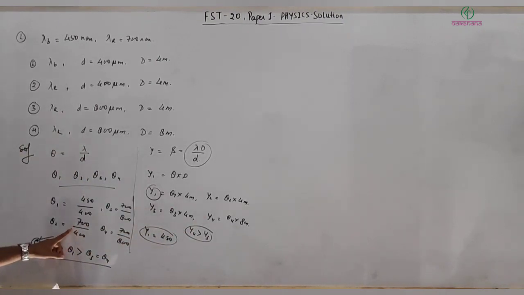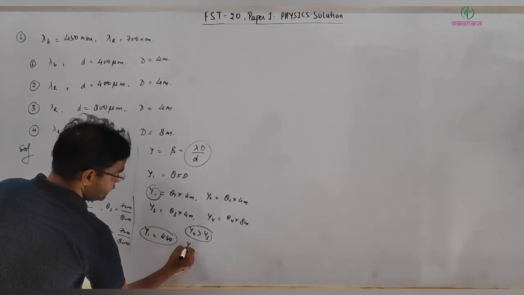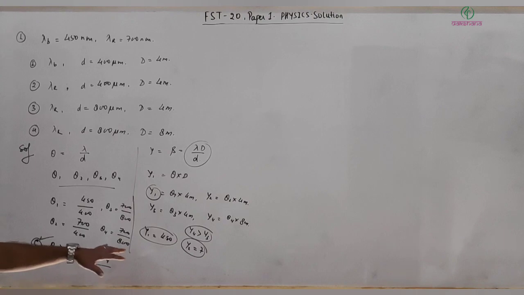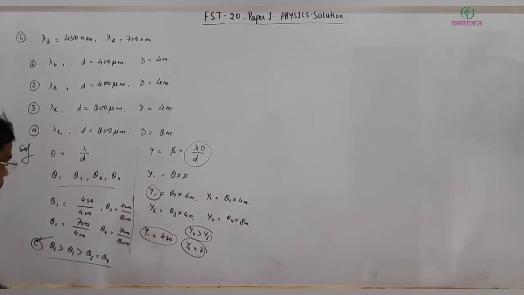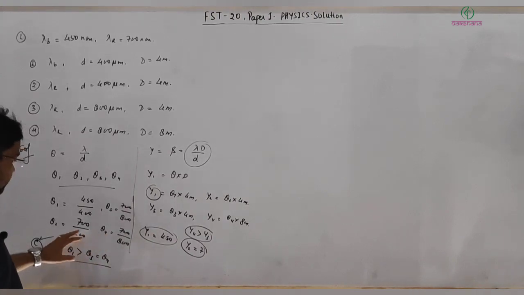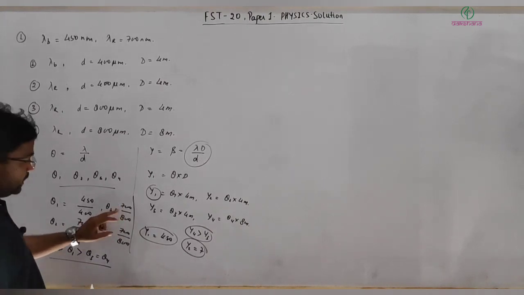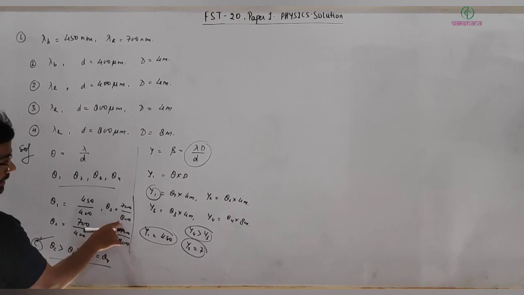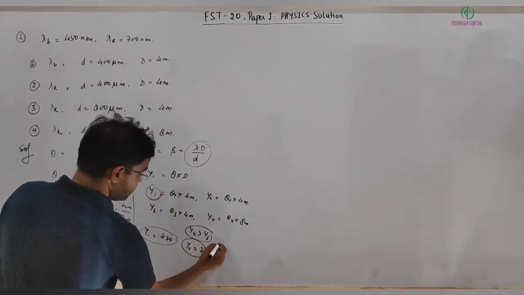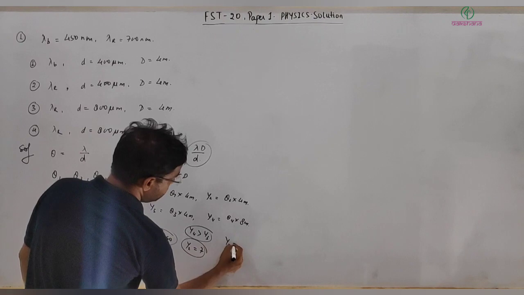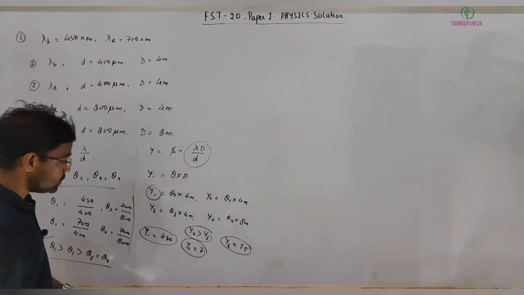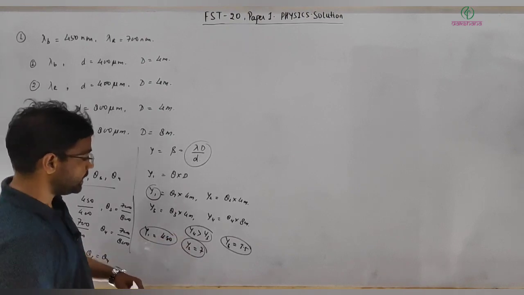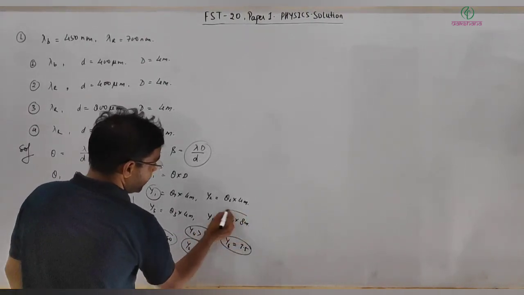Y2 is theta 2, so 700 divided by 400 times 4, so y2 is proportional to 7. For y3, 700 divided by 800 times 4, it will be 3.5, so y3 is proportional to 3.5. So y2 is maximum.